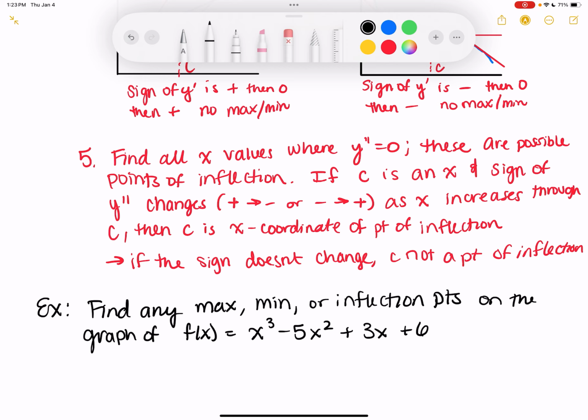We'll go through and follow each step individually so you can see what that looks like.